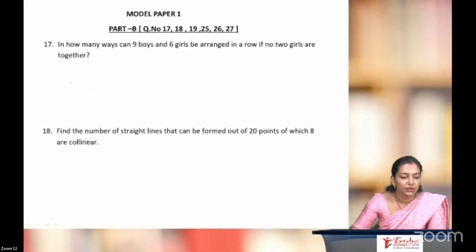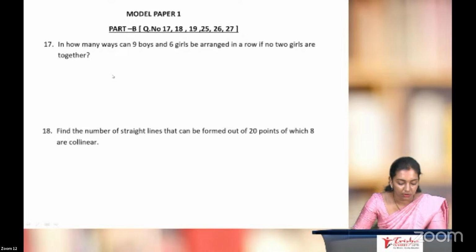Next. So we will go to some questions under part B. In how many ways can 9 boys and 6 girls be arranged in a row if no 2 girls are together? So you have to place girls between boys. So what possible ways can you put them? Okay, so there are 9 boys and 6 girls.